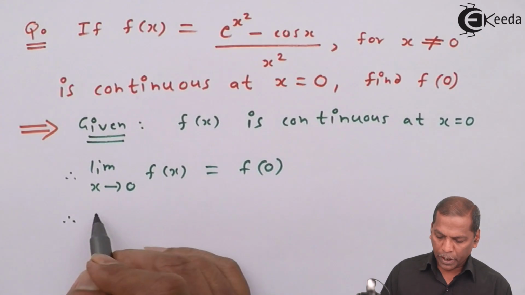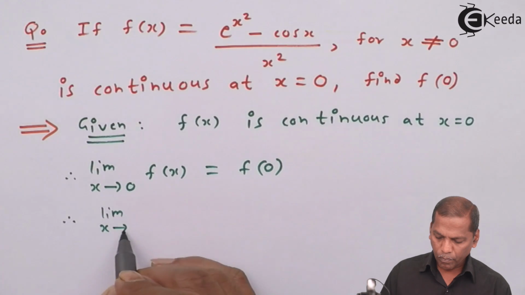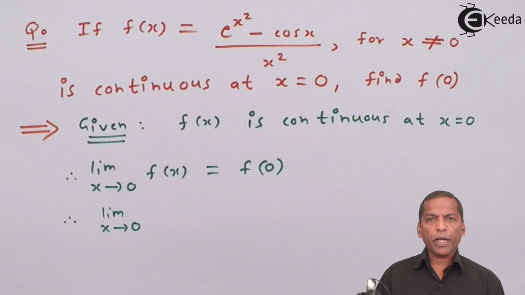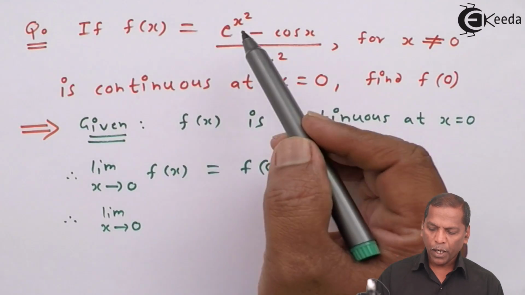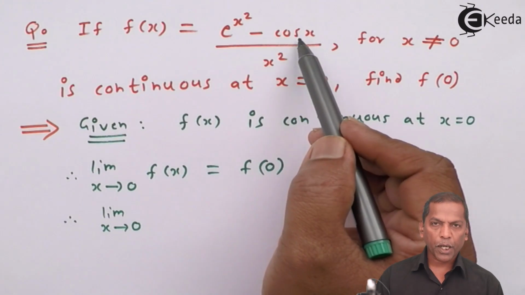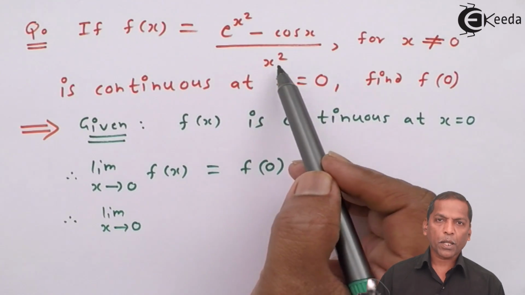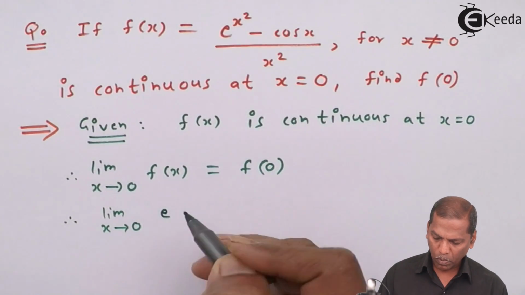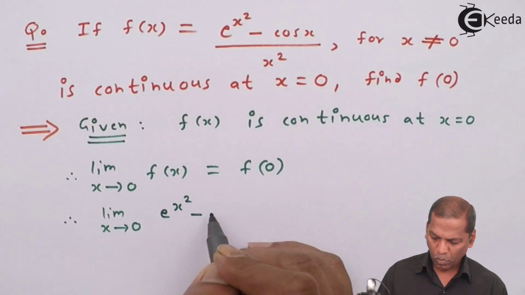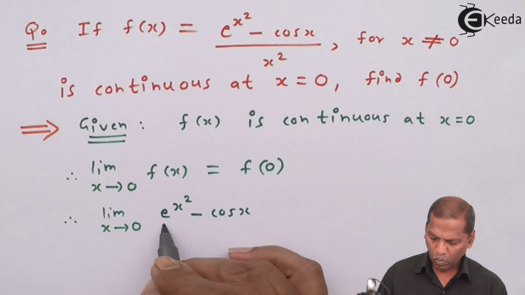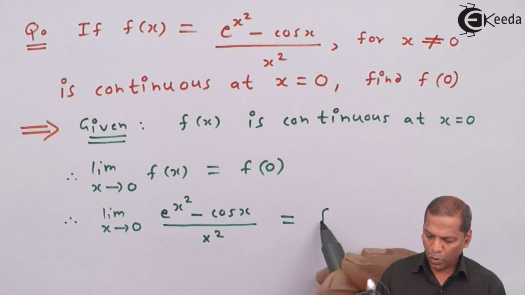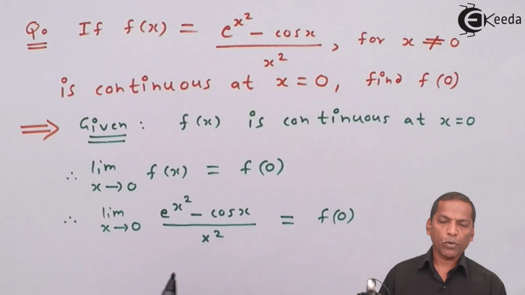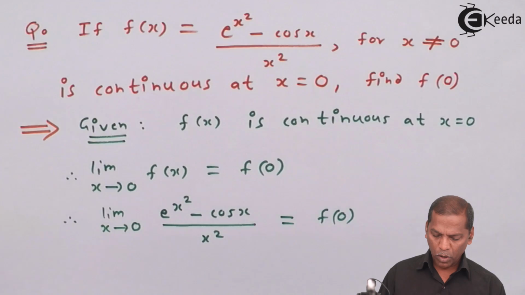Now here x tends to 0 means x not equal to 0, and at that time f of x is defined as (e raised x square minus cos x) divided by x square, and that equal to f of 0, which is our question.